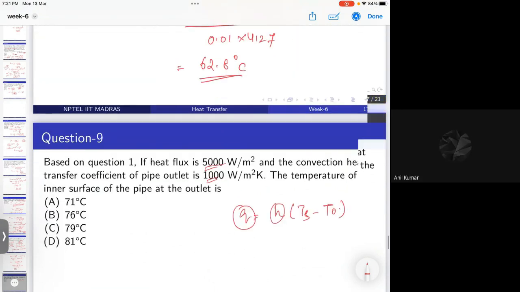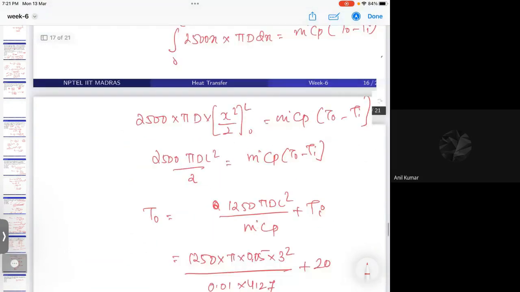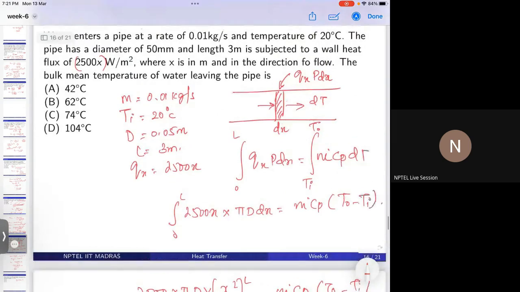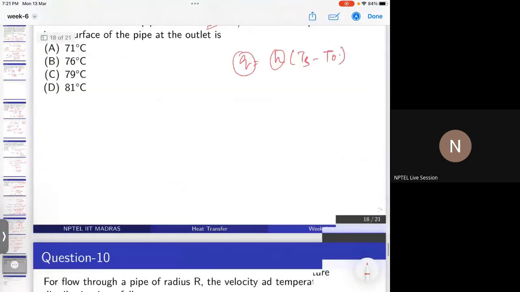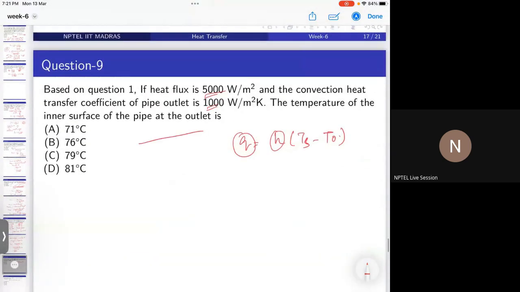But sir, for that Ti is required. No, Ti is not required. It's like this is the pipe, and here we have a heat flux. It's a convection from the surface to the bulk mean temperature of the outlet, or the bulk mean temperature of the pipe.